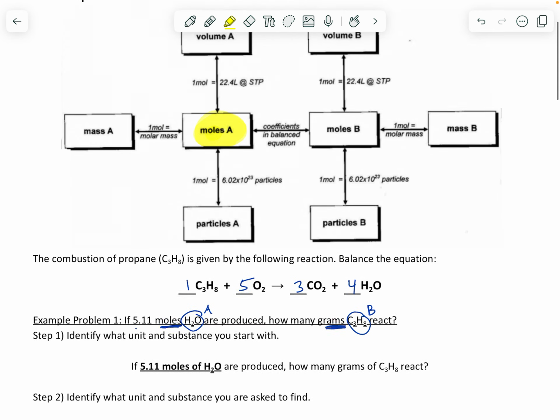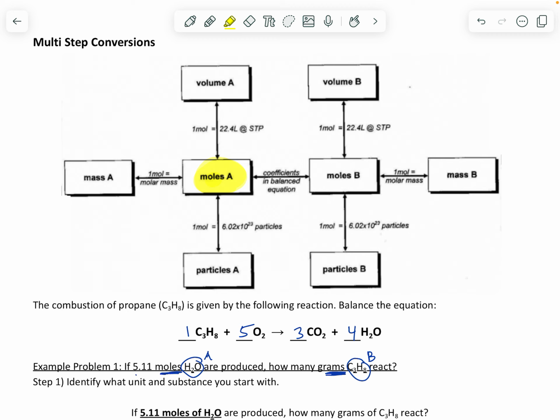Then I want to get to grams of B, which is mass of B, so I'm trying to end there. How many bridges am I going to have to cross? I have to cross this bridge, that's 1, and then that bridge, which is 2. I go through the unit of the mole, and I jump from A to B using those coefficients from the balanced equation.